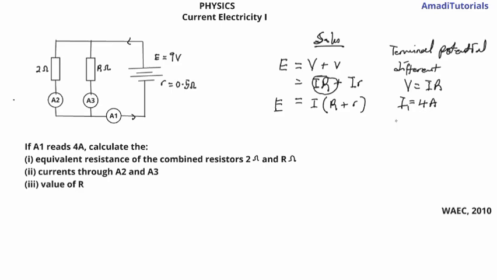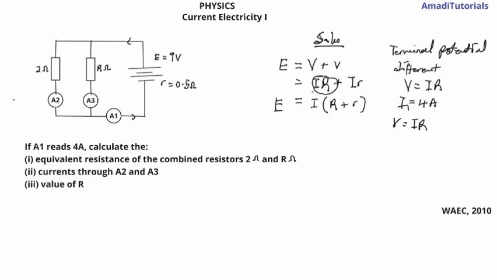Now you know that the terminal voltage will equal the current times the external resistance.